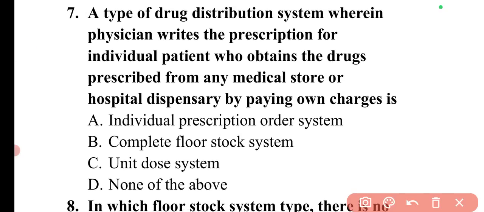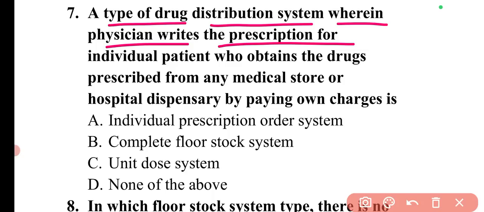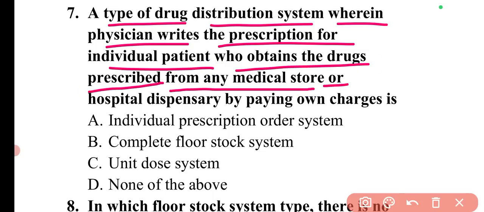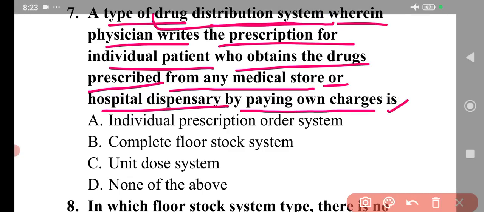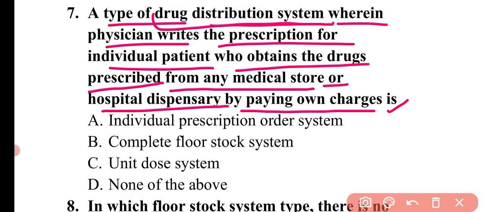Next question is, a type of drug distribution system wherein the physician writes the prescription for an individual patient who obtains the drugs prescribed from any medical store or hospital dispensary by paying the charges is. So basically, a patient goes to the physician, he writes a prescription, and mentions the drugs which are to be taken.